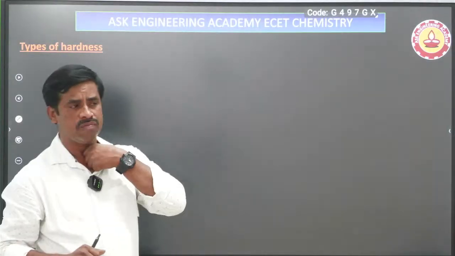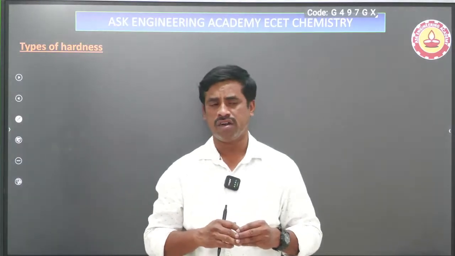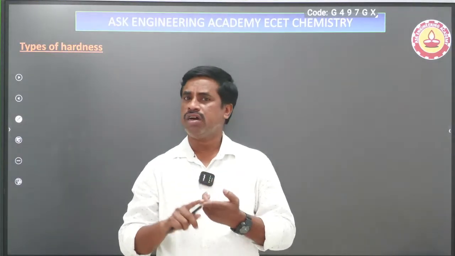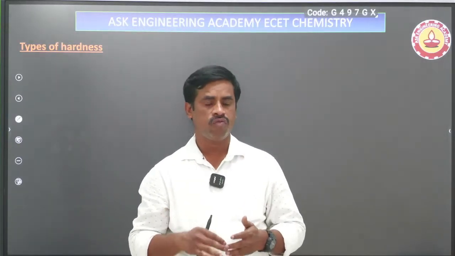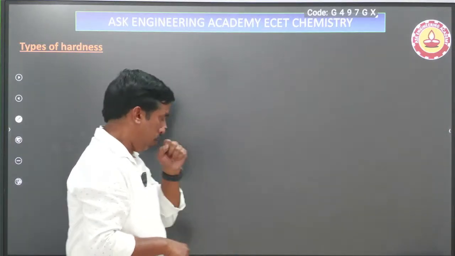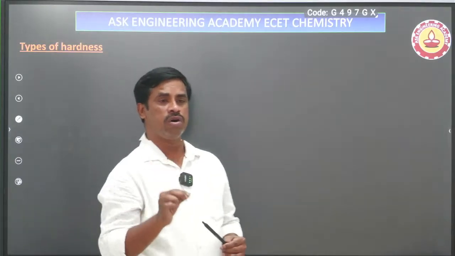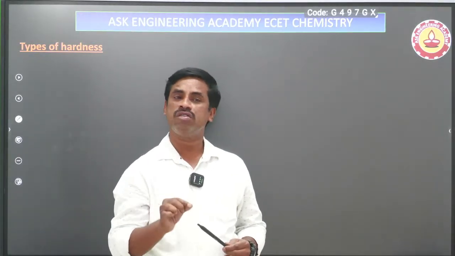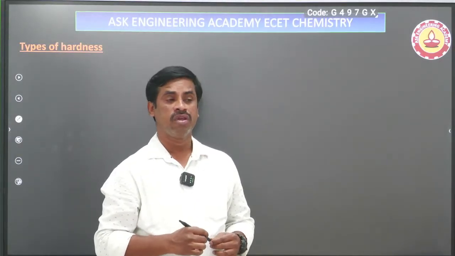First of all, I would like to introduce what is meant by hardness of water. The property of hard water which prevents the formation of lather is known as hardness of water.